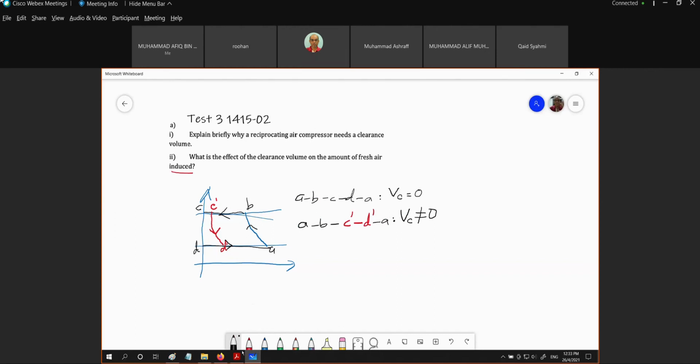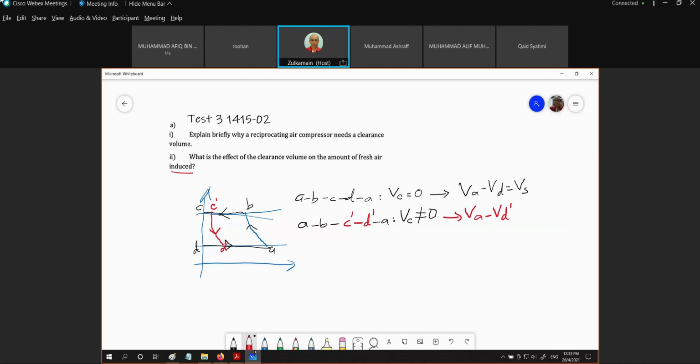The volume induced for the case of VC equal to 0 is VA minus VD, which is equal to VS. But for the case of VC not equal to 0, it is VA minus VD prime.